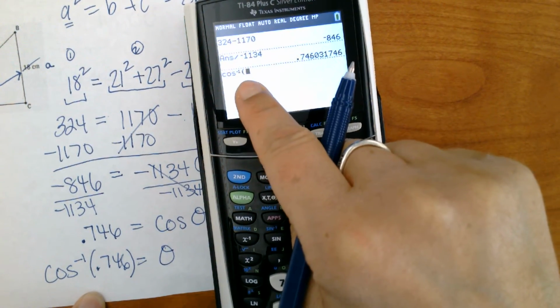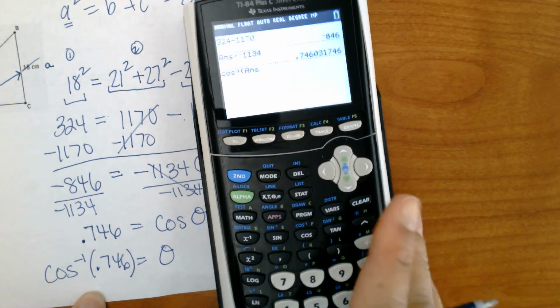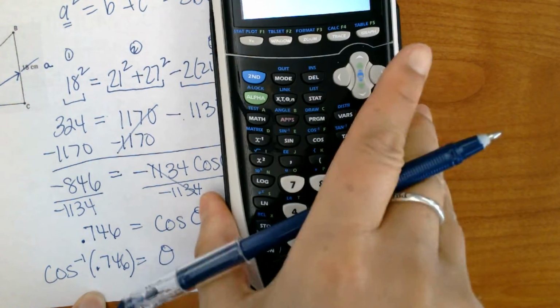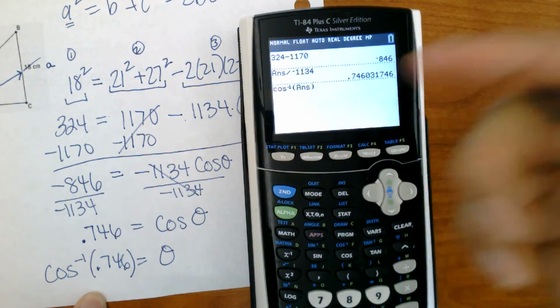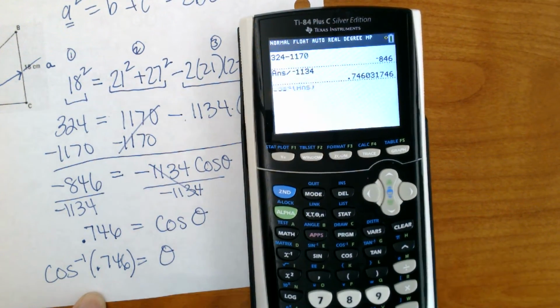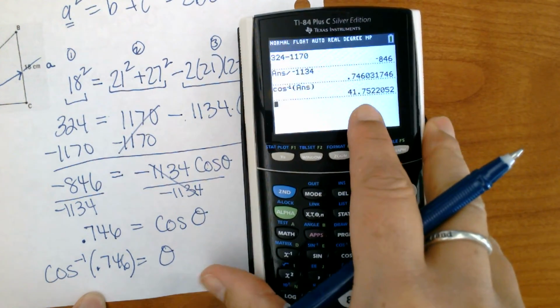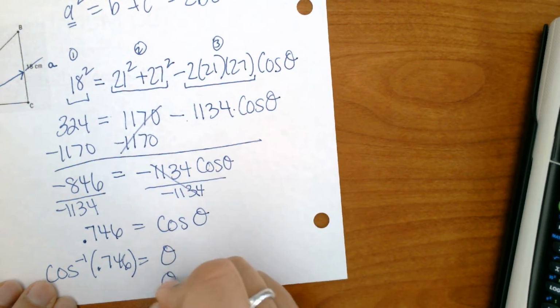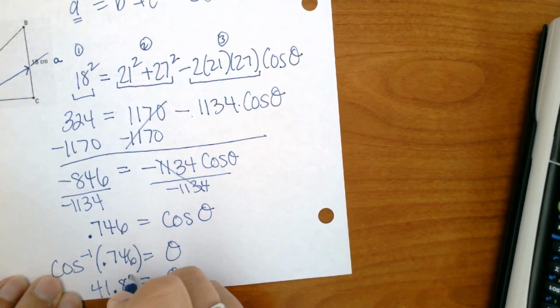That gets us to the inverse. And yes, I'm going to bring my answer down. So I'm going to use that second with the little negative to bring my answer down. I like using all my decimals, but I just don't like typing them in again. And so that is going to get me to 41 point, let's round to 8. So theta equals 41.8 degrees.